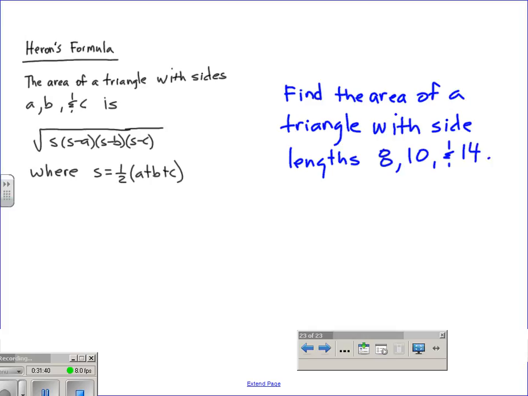You're just going to use your formula to find that and bring it to class. We'll go over that as well as a proof for the law of sines. And that concludes section 10.2.